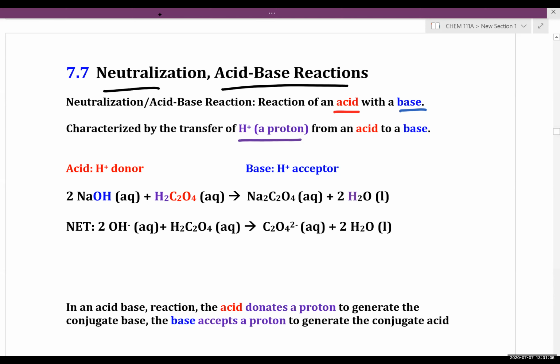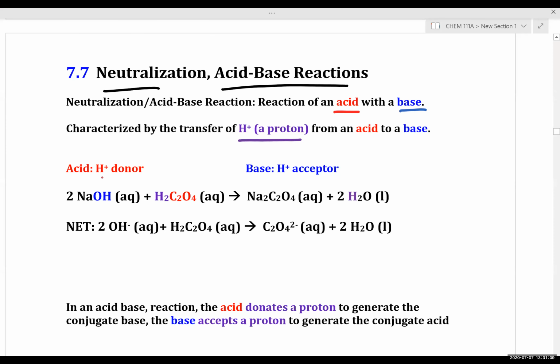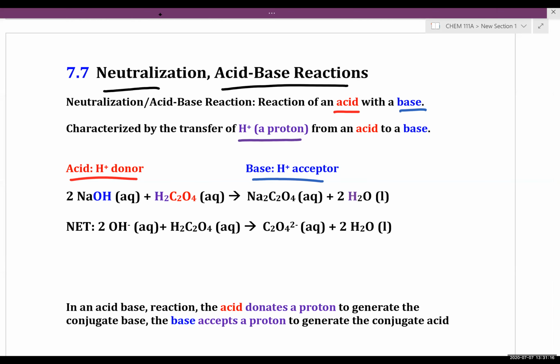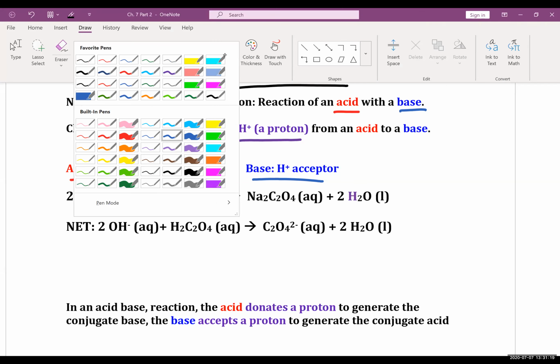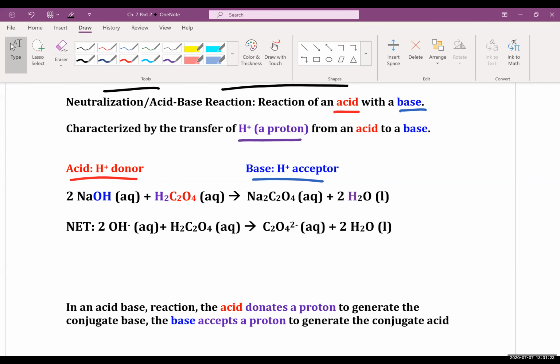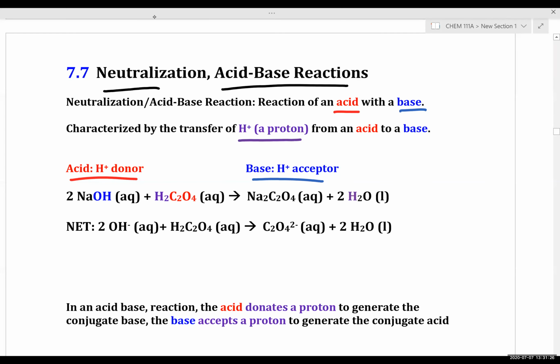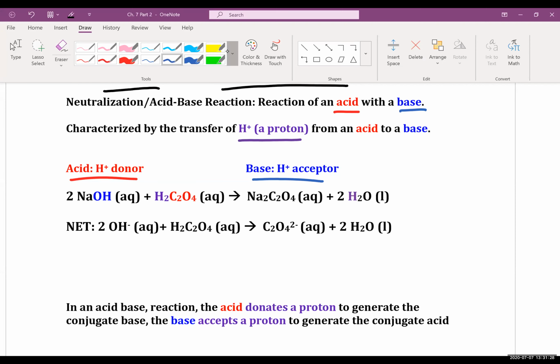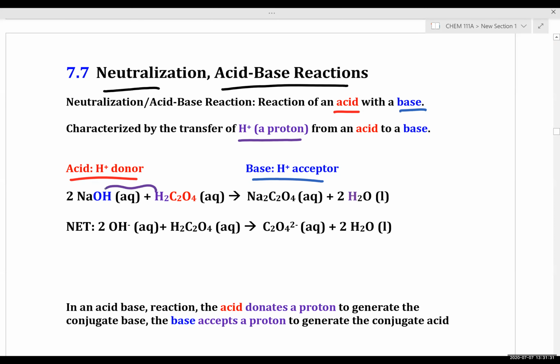Okay, just as a refresher, we like to view acids as H+ donors and the base as an H+ acceptor. So for example, in the reaction between oxalic acid and sodium hydroxide, we observe the transfer of H+ from oxalic acid to sodium hydroxide. So the acid loses a proton, the base gains a proton.